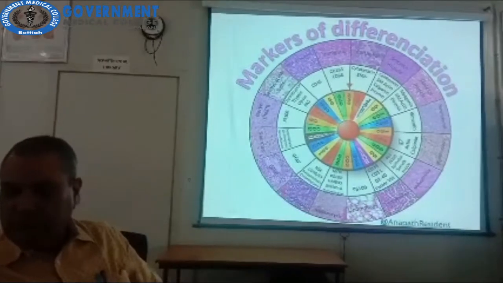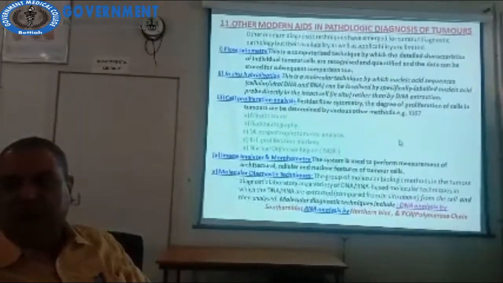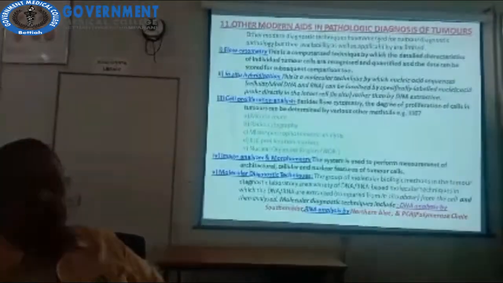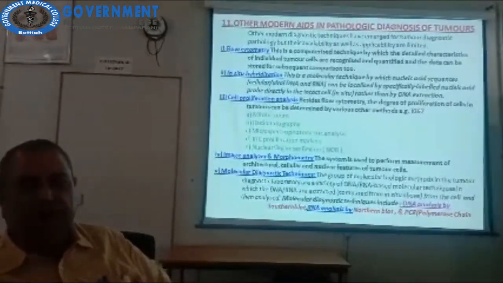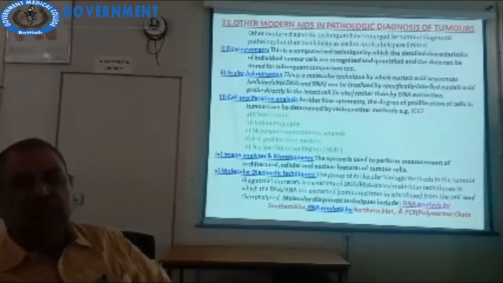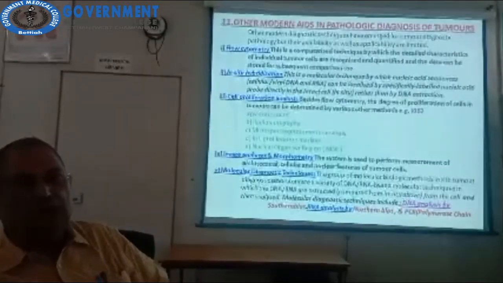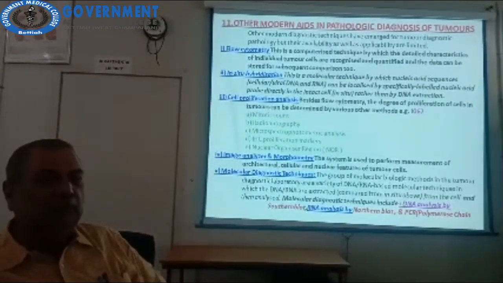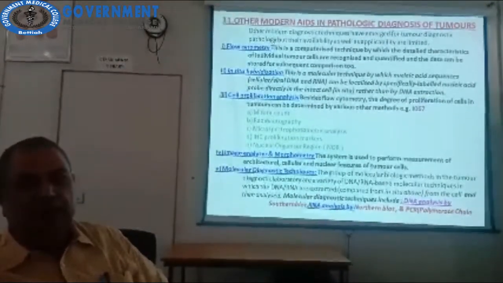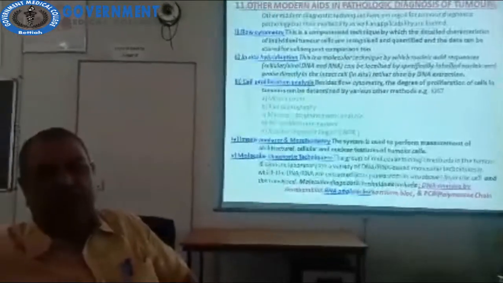Then other modern methods for the pathologic diagnosis of the tumor like flow cytometry, in situ hybridization, cell proliferation analysis like mitotic count, radioautography, then microspectrophotometric analysis, then immunohistochemical proliferation marker.